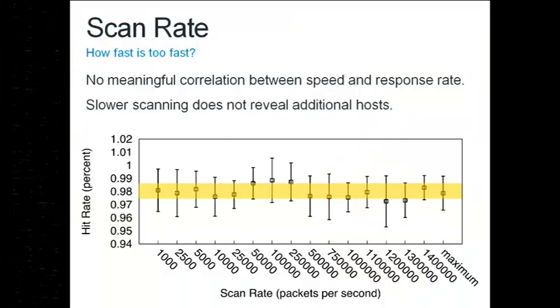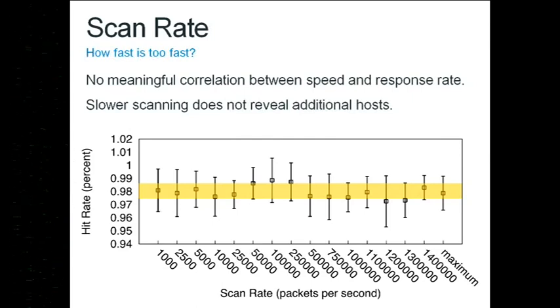So this is one experiment we ran where we tried doing scanning. This is, I think, on port 443. Multiple trials of scanning, I think for 1% samples of the IP address space, at different rates of outgoing probe packets. And what we're really looking for here is how fast is too fast.